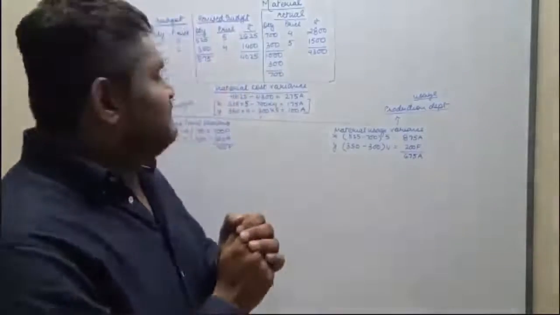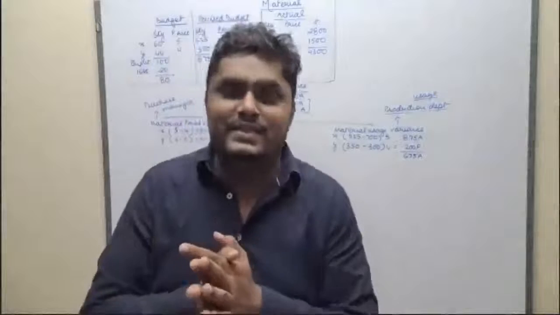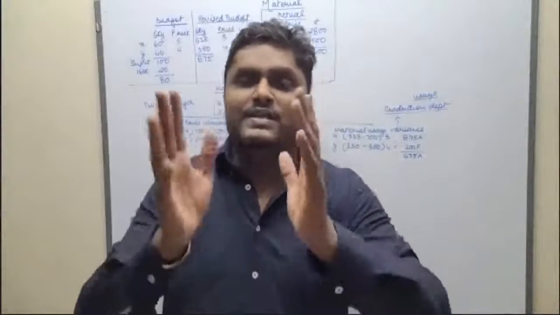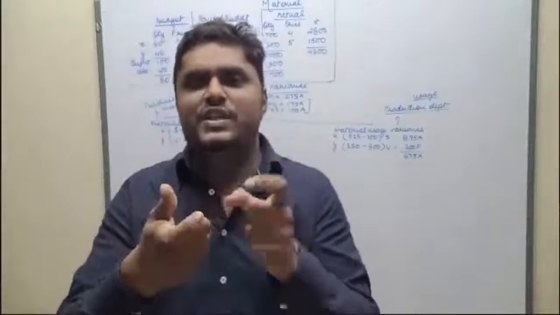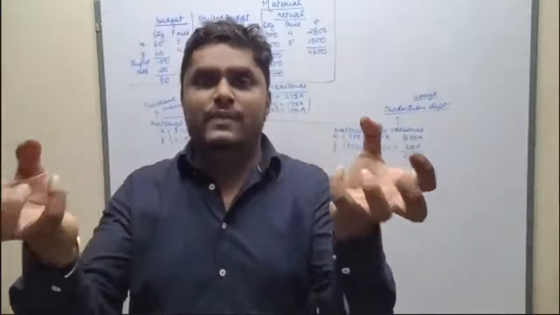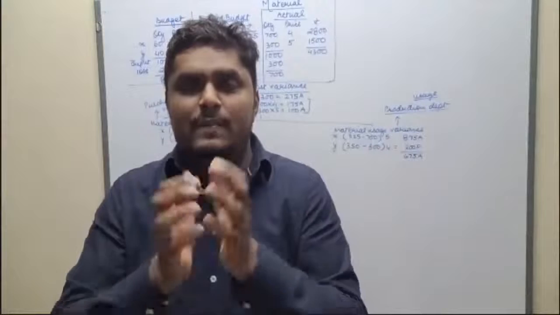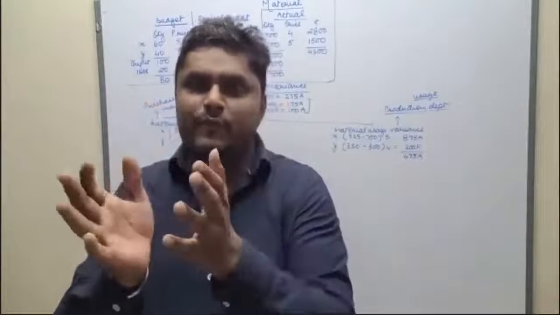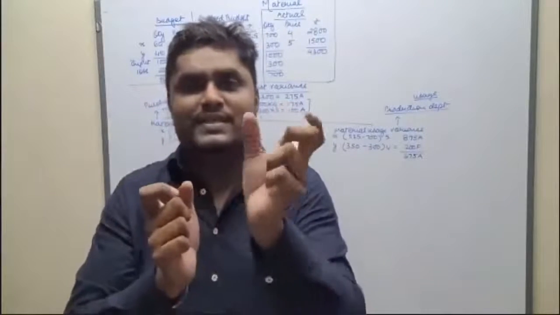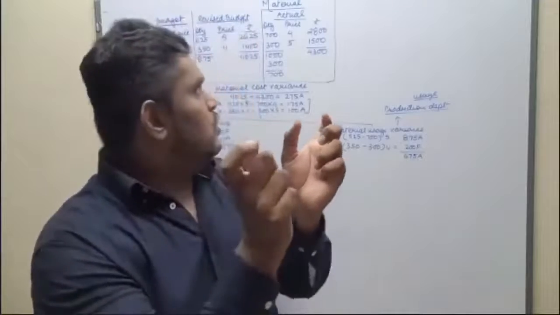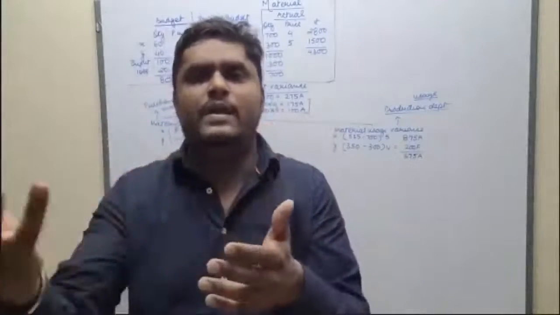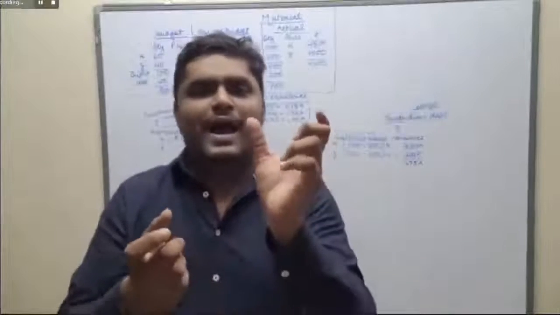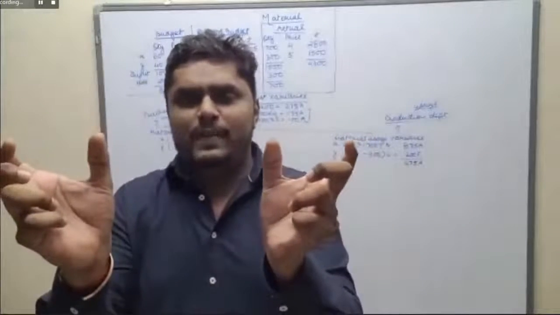Now guys, as discussed in the last session, management is concerned about profit. If there is any deviation in profit, two elements will be responsible, because the calculation of profit is based on sales and total cost. So if there is a variance in profit, it will be because of either the sales or the cost department.